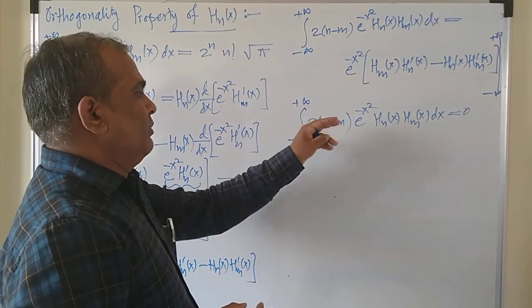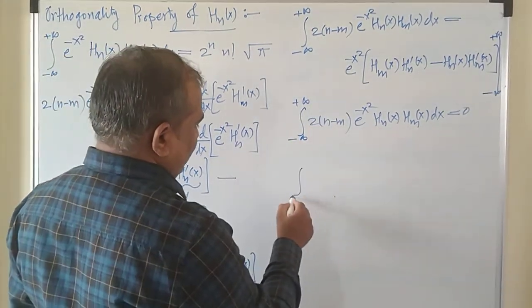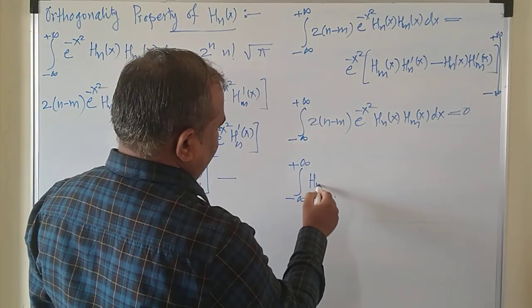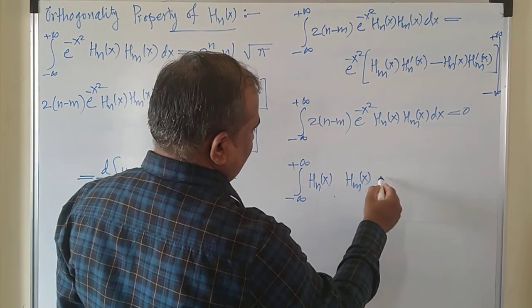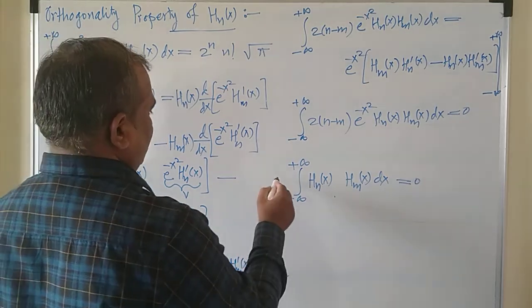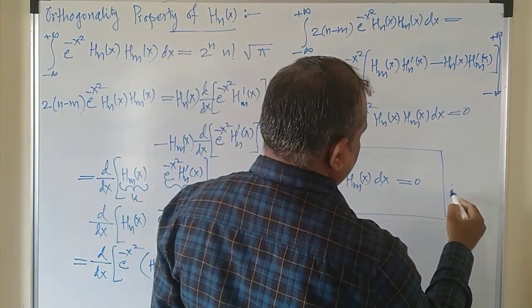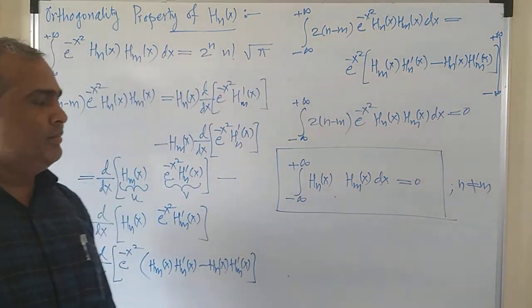These are the constant terms. Once you shift them to the other side, this will be 0 only. So the integral from minus infinity to plus infinity of Hn of x and Hm of x into dx is equal to 0, right? So this first property is proved now, where n and m are not equal, right?